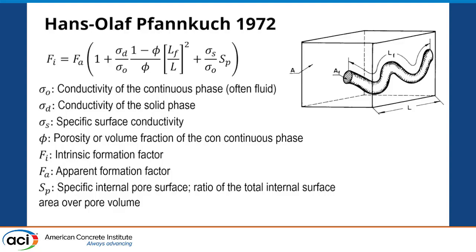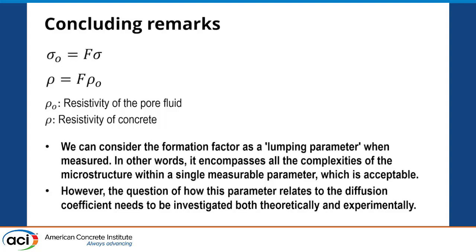It turns out that relating it in terms of theoretical calculation turns out to be very complicated. And it's a lot easier to think about this parameter as a lumping parameter, something that you measure, and it basically accounts for all of the microstructural effects, right? Direct theoretical calculation of that would be very challenging.